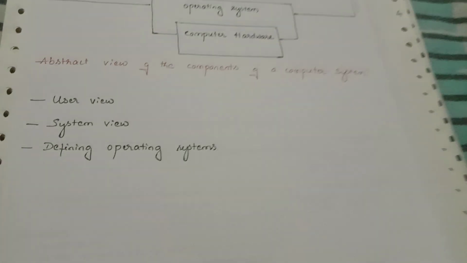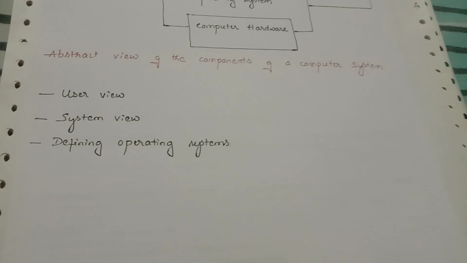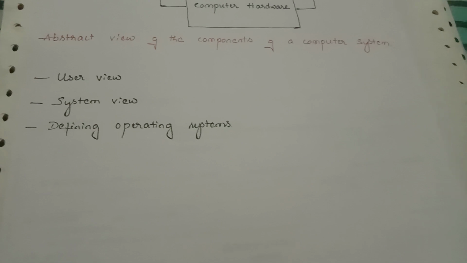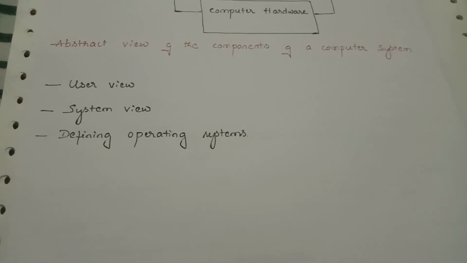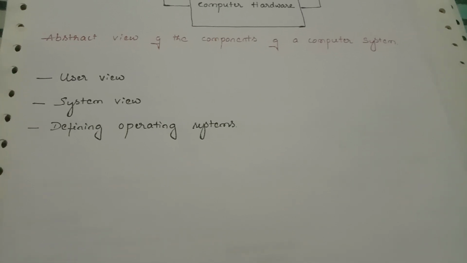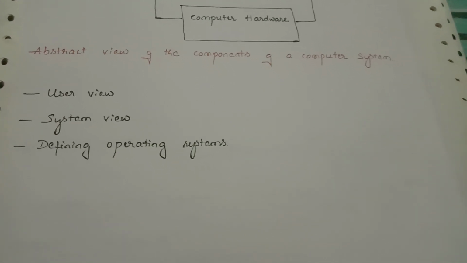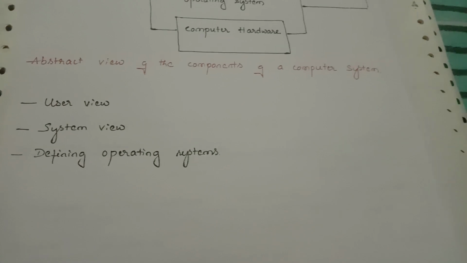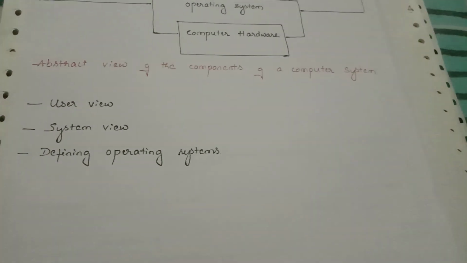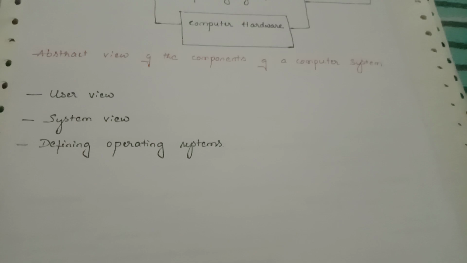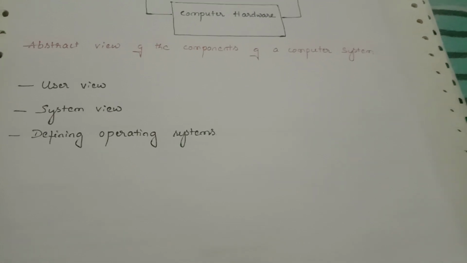Looking at the differences from a user point of view, when a single user is sitting at the computer, it is only about ease of use. With mainframes or minicomputers, resource utilization is the main point.